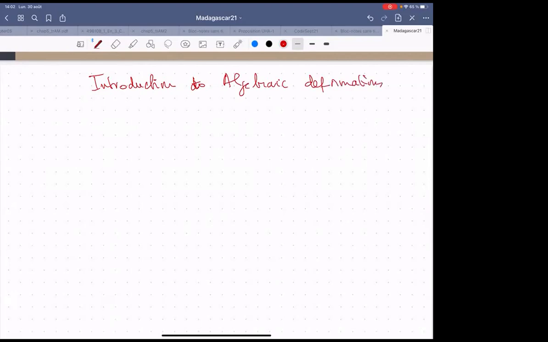In fact, what I'm interested in is to talk about formal, more precisely formal algebraic deformations of algebra structures, of algebraic structures.